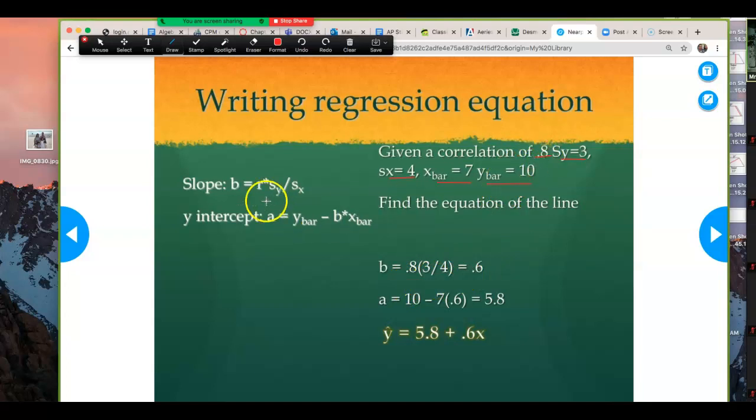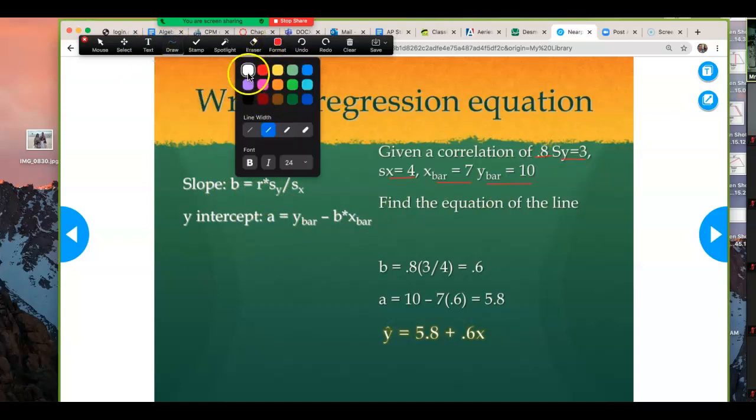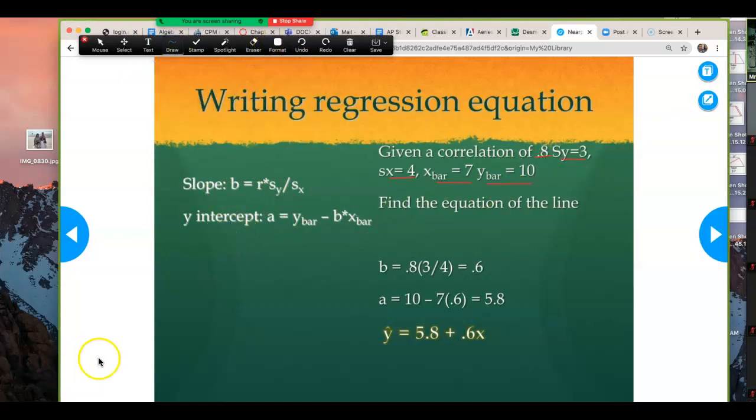So we're going to take the information and plug it into an equation. B equals R times S of y over S of x. So typically we'll see it written as a fraction.